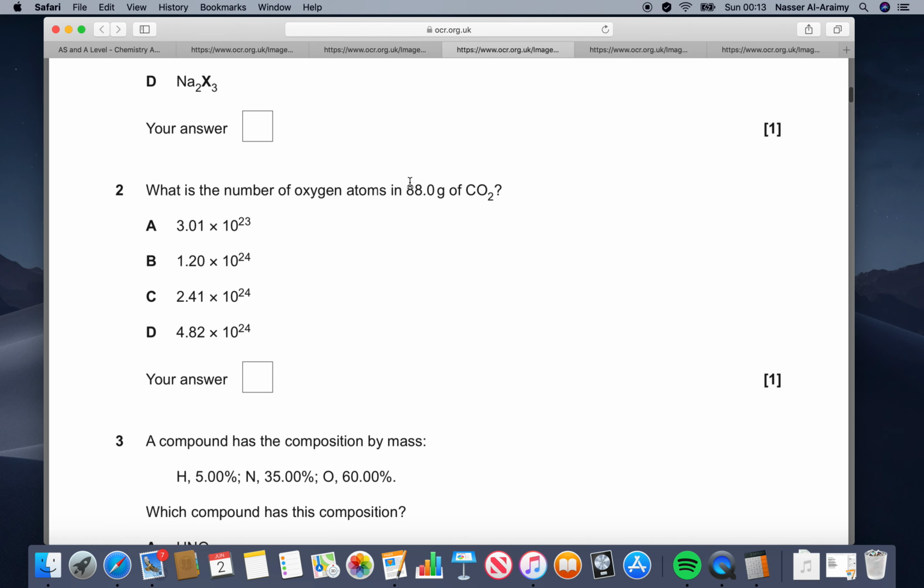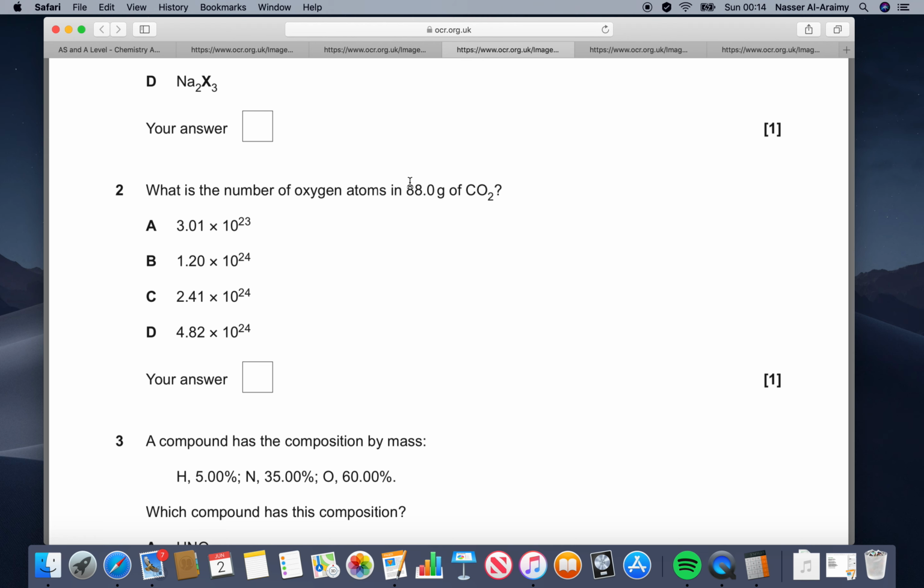What's the number of oxygen atoms in 88 grams of CO2? What's the relative molecular mass of CO2? That's 12 plus 16 plus 16, which is 44. 44 is half of 88.